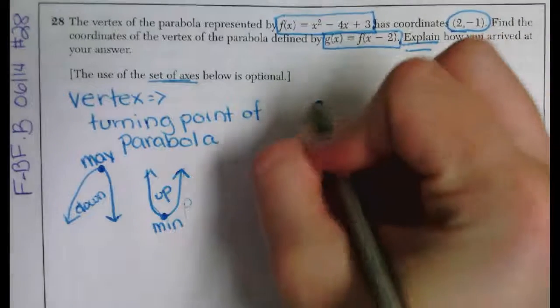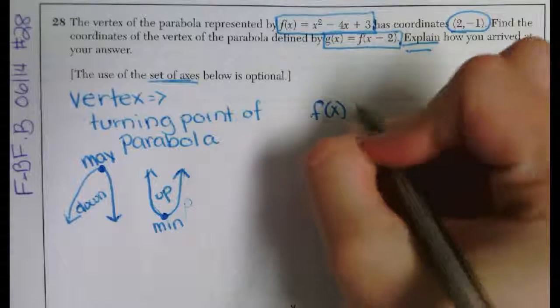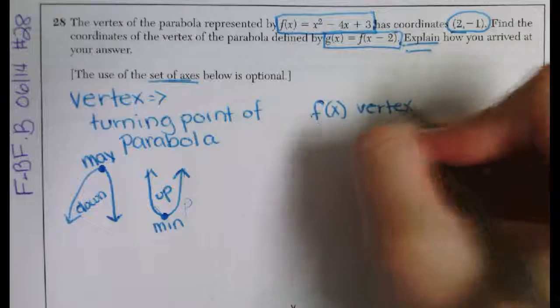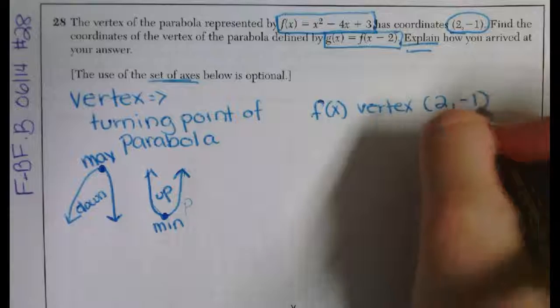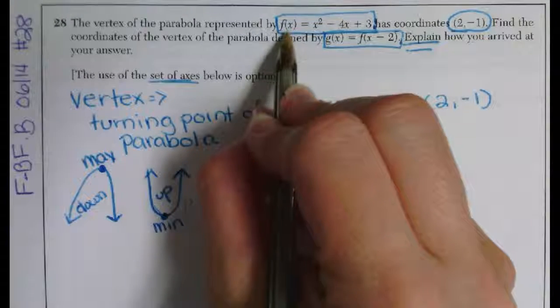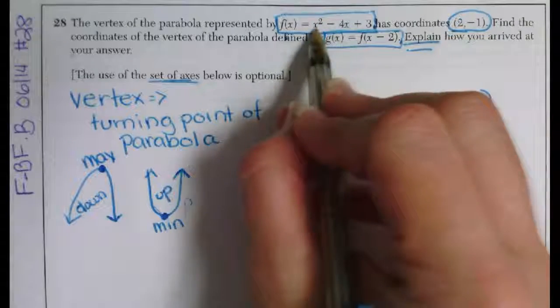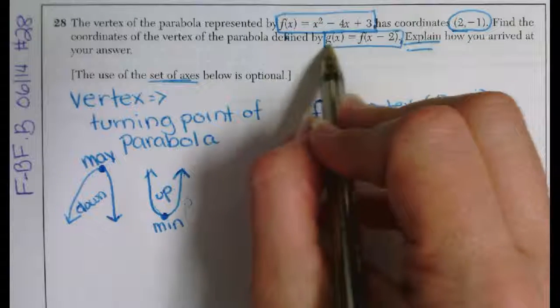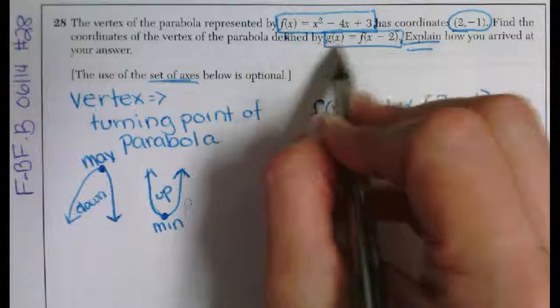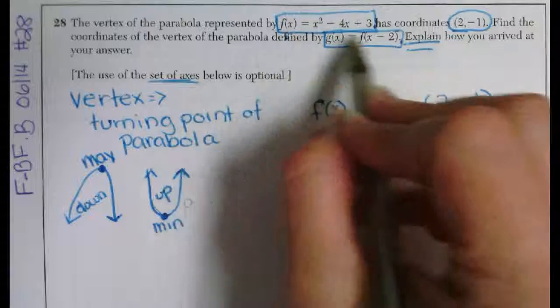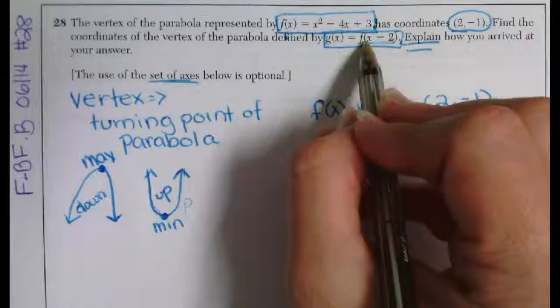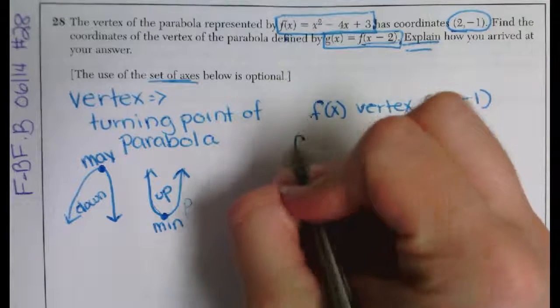So let's look at this. We know that f of x's vertex is 2, -1. Now this means that for every function x, this is what we're going to do to x. This means that in order to get our new function g, instead of writing x, we're going to write this, x minus 2. So here's my first equation.